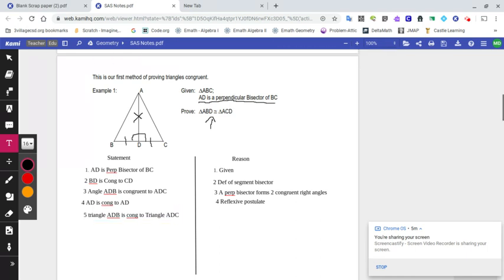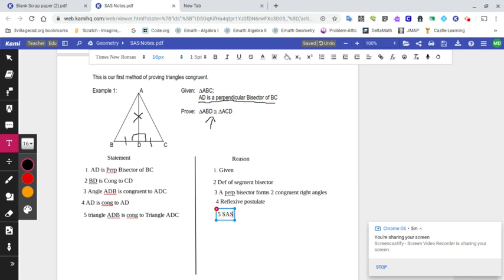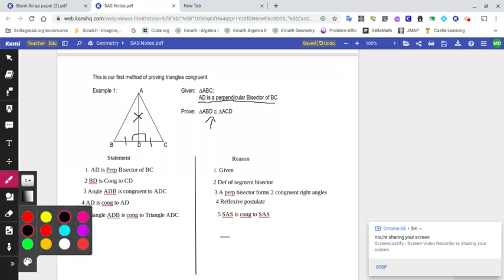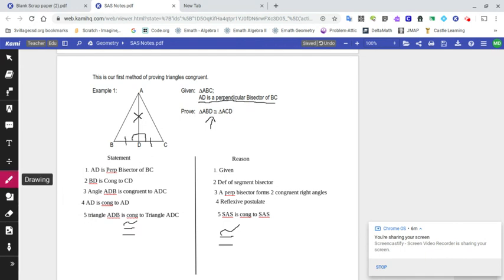And the postulate that I used was SAS is congruent to SAS, and that's how you would write it. Only the "is congruent to" would be this symbol. Now a couple of things. Here is where I had the first side. Here's where I had my angle, and here's where I had my other side.